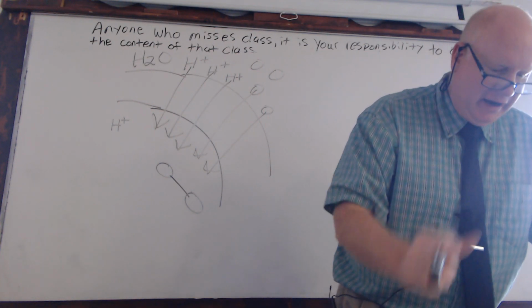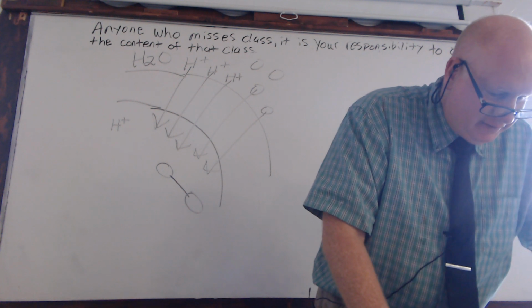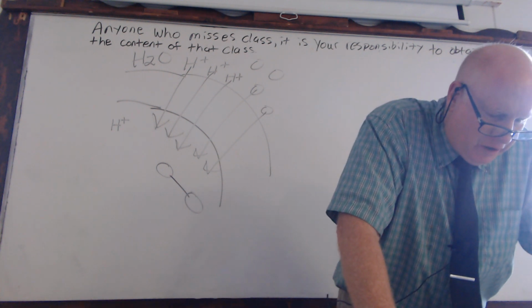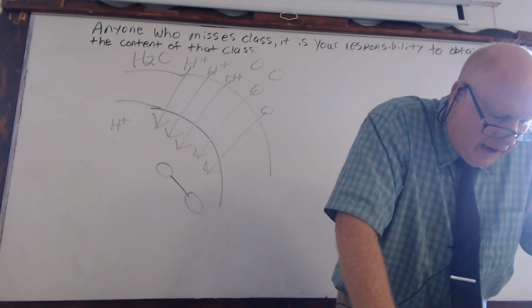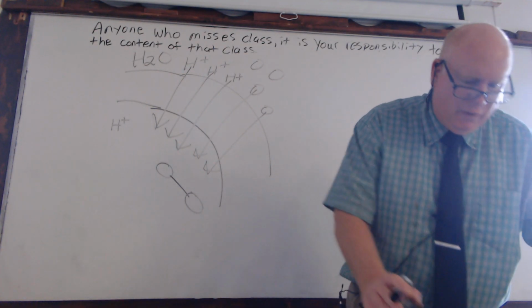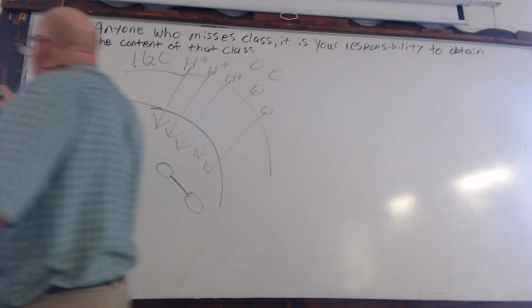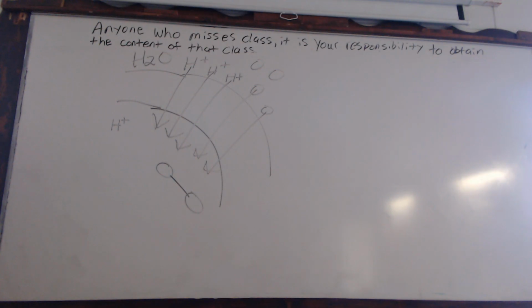Letter E says, when protons move across the thylakoid membrane through ATP synthetase, ADP is converted to ATP, okay? And we've seen this before too.